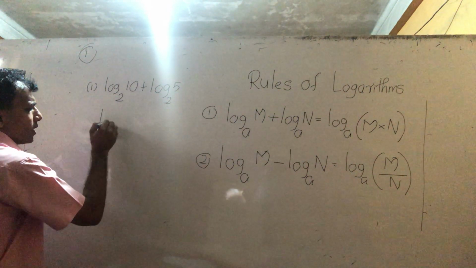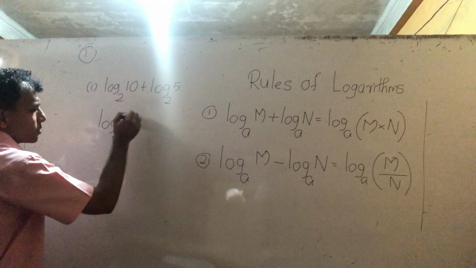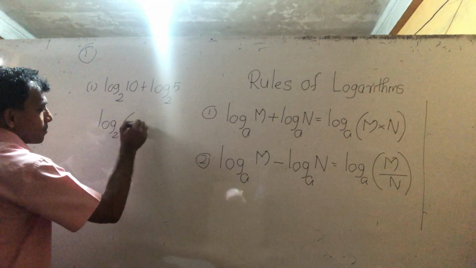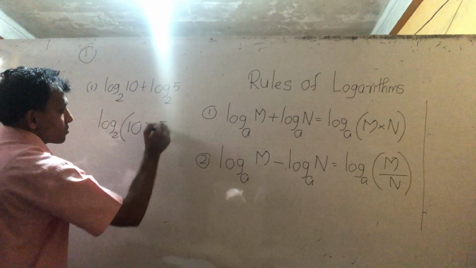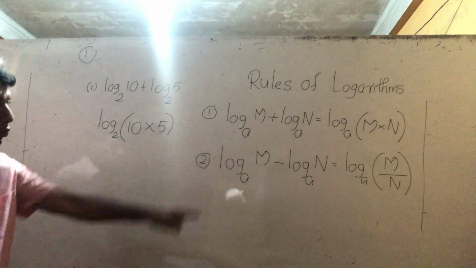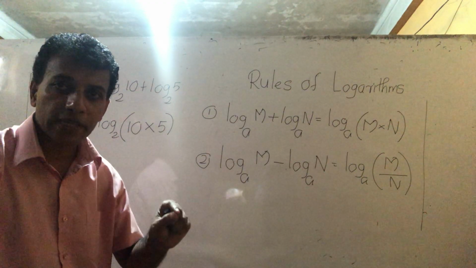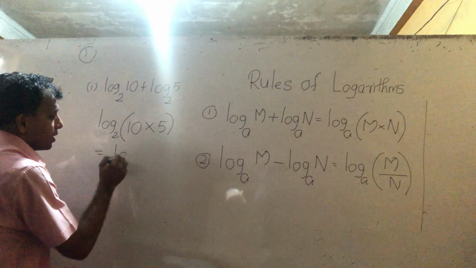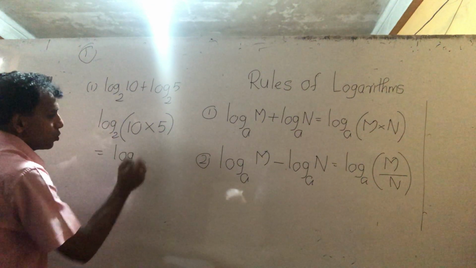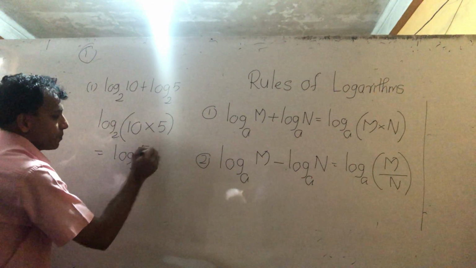Take the logarithm base 2 out, here 10 plus then multiply 5. See the rule, copy the rule and see. Bases are same, addition comes multiply. So what is the answer? Logarithm base 2, 50.